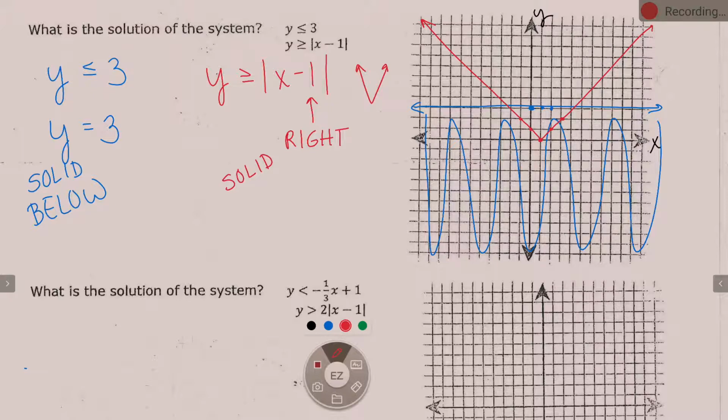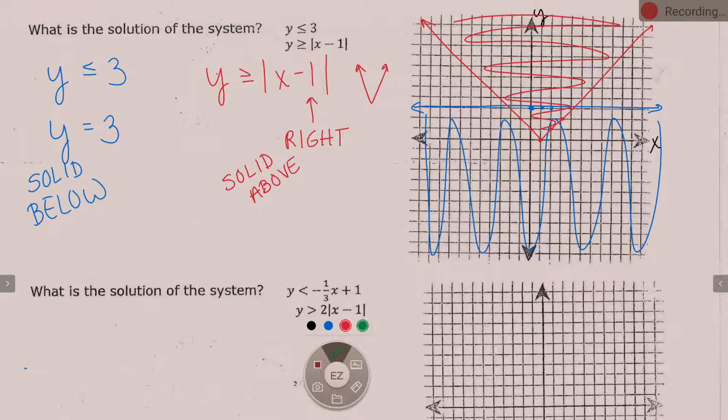It's greater than, which tells me I'm going to shade above, inside the V. There's my inside the V. I want to know the final answer.